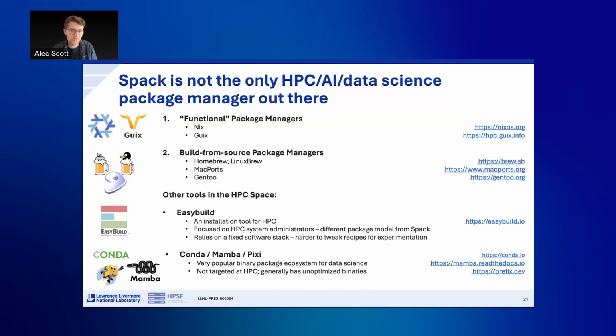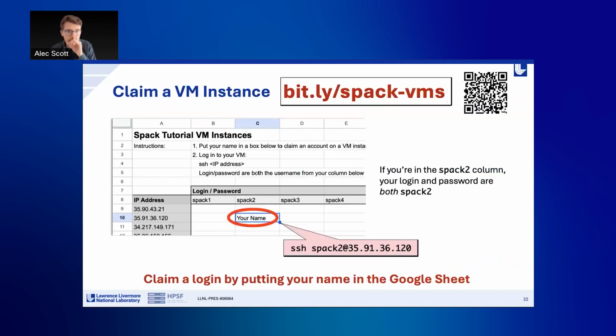Hopefully you'll get a sense through this tutorial of how Spack is a little bit different from them, but Spack very generally extends to lots of different types of open source software where you are mixing both build from source and binary packages, such as the compilers installed on your machine. And especially with some of the changes in licensing around Conda, we know a lot of people are interested in Spack these days, so feel free to ask us questions about that as well.